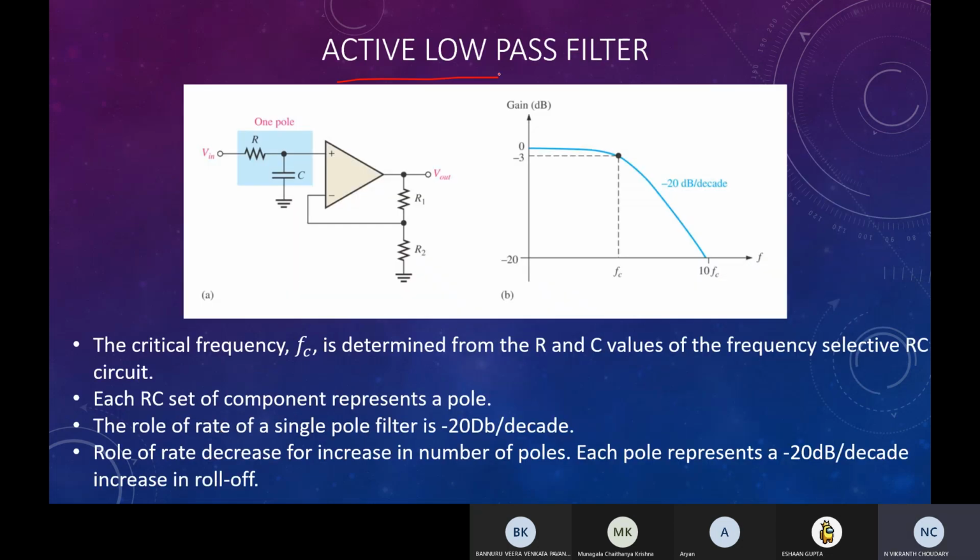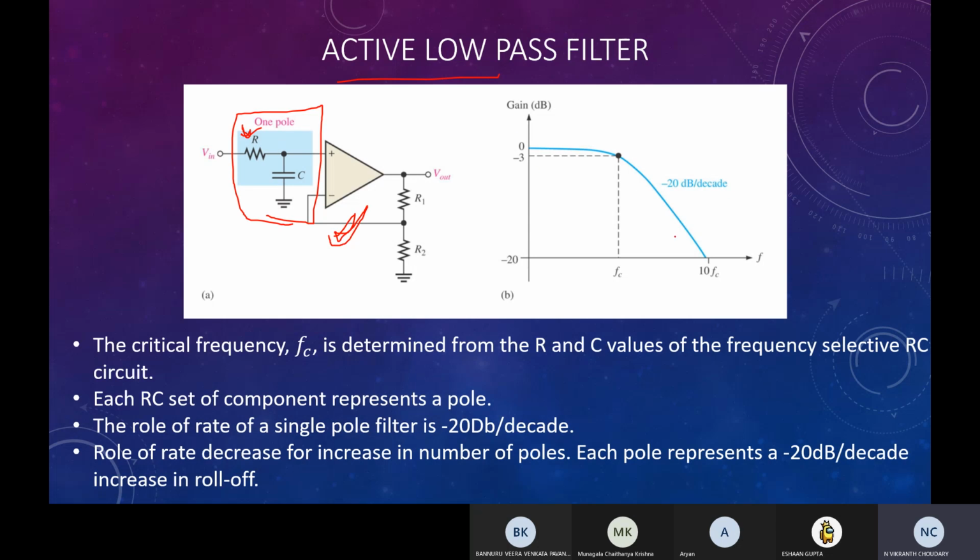And we'll see what an active low pass filter is. An active low pass filter is just a passive low pass filter connected to an op amp in non-inverting configuration. All the filter characteristics, everything that needs to be filtered out, will be filtered in this passive RC circuit itself. And this op amp will amplify the output as much as we want.